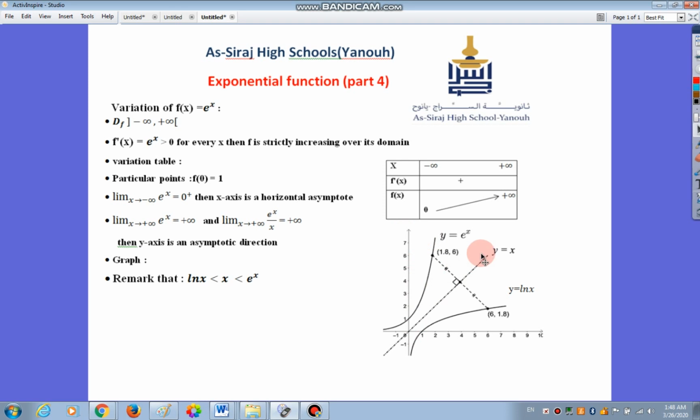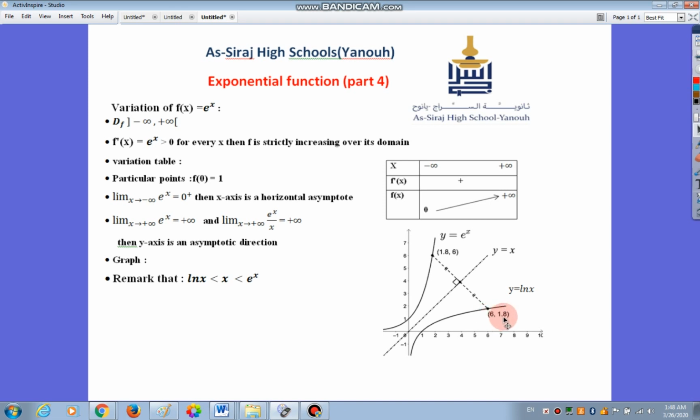y equals x. This is the first bisector. And as you remember, this is the graph of y equals ln x. We said in the first part that y equals ln x and y equals e^x are inverse functions of each other. You remark that this point is the symmetry of this point. This point is a particular point that belongs to y equals ln x.